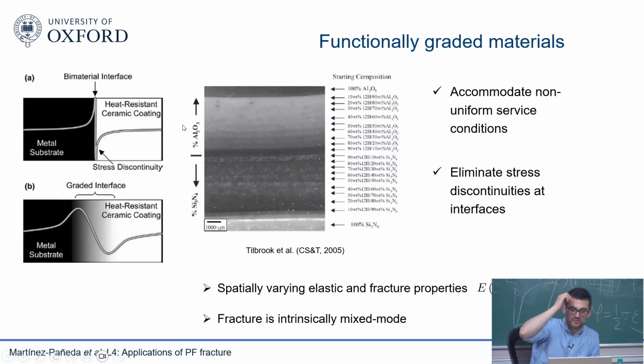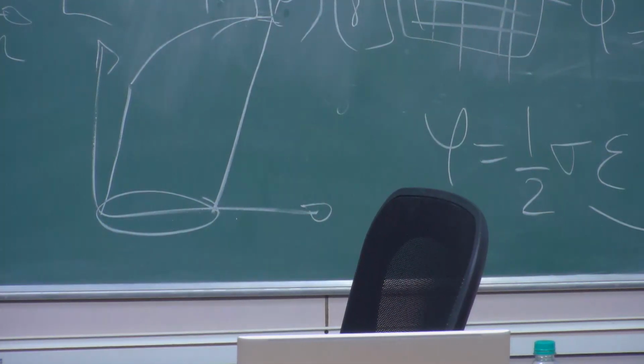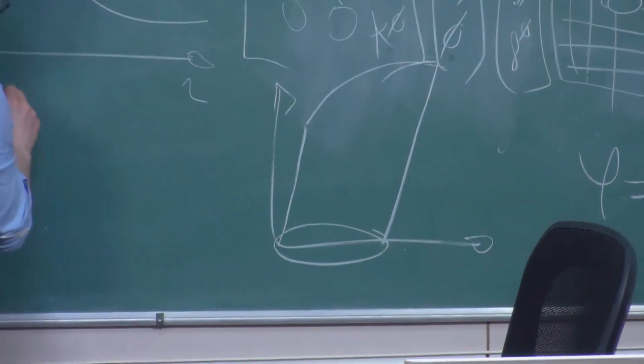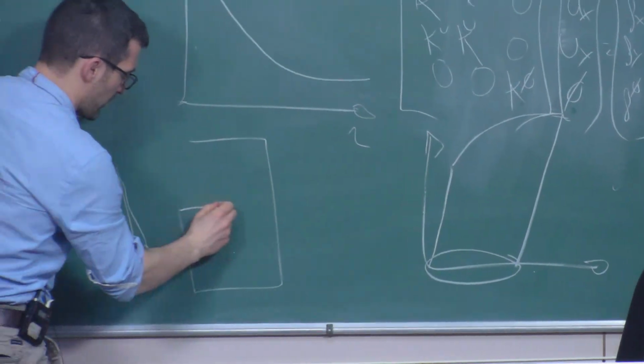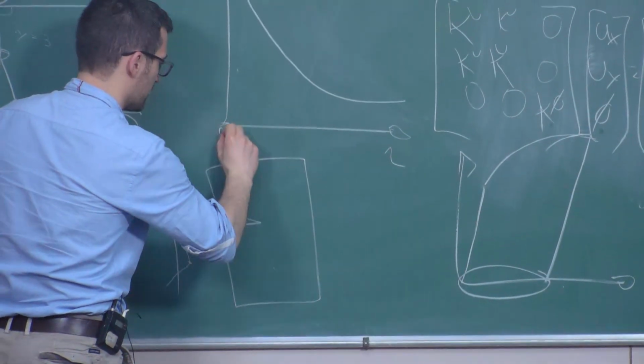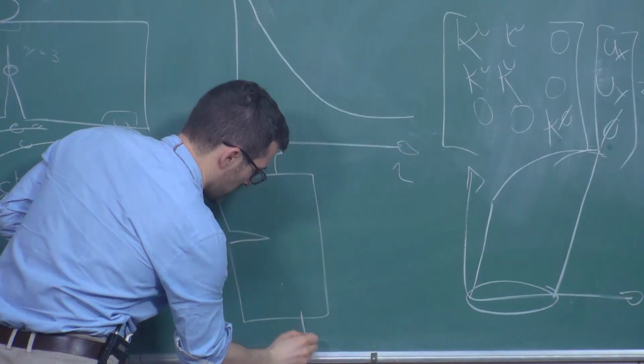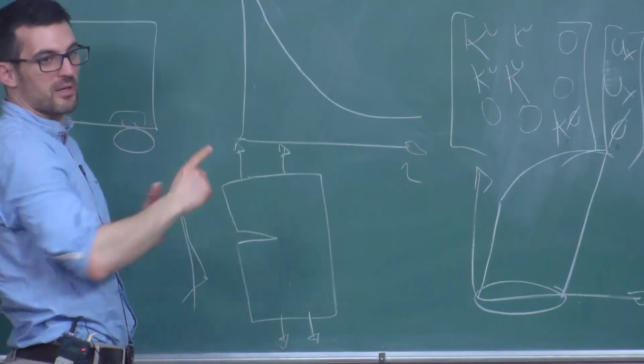But these problems are interesting in fracture, and the reason is that they bring mixed mode conditions inherently. So if you think of a plate with a crack in mode 1, you would expect this to be a mode 1 fracture.